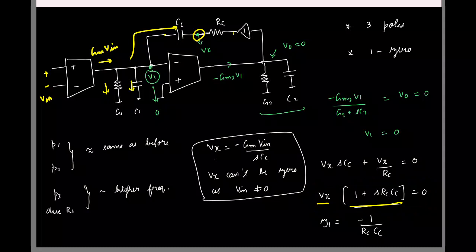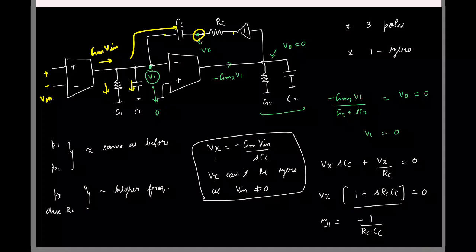I am arguing that Vx cannot be 0 because if we apply some input, we'll have a current GM Vin coming out of the first transconductor, and this current has to flow into Cc and generate a voltage Vx. So Vx must be this, right? Current here is GM Vin. So Vx is minus GM Vin by SCC. So if I say Vx is 0, I am implying that Vin is 0, which is not possible.